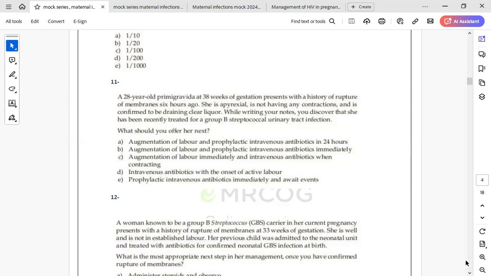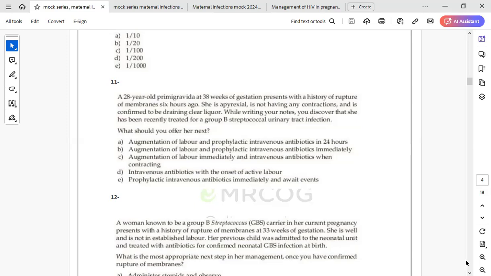We have two indications for immediate induction in our college. Having GBS with prom or pre-prom, and the patient is going to have a vaginal labor. Having HIV with prom or pre-prom, and the patient is a candidate for vaginal delivery, which depends on her viral load to allow her to have a vaginal delivery.